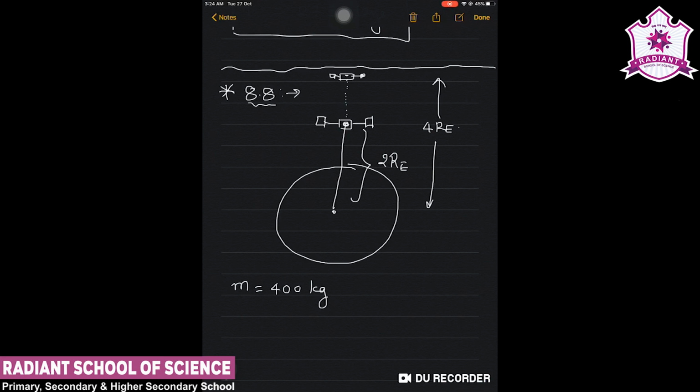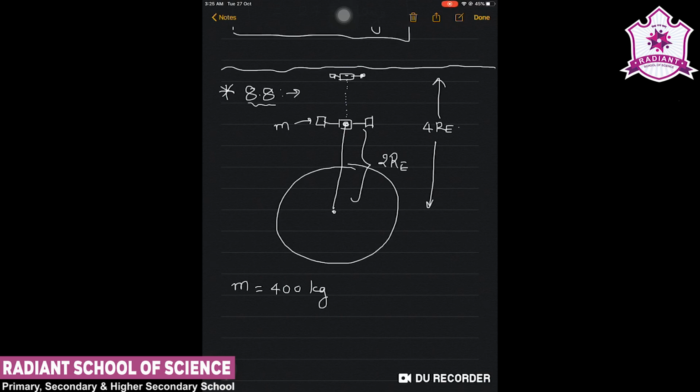This mass is of the satellite itself. Now it is about 2 Re from the Earth. How much energy is required to transfer it to a circular orbit of radius 4 Re? The changes in kinetic and potential energies are also asked.